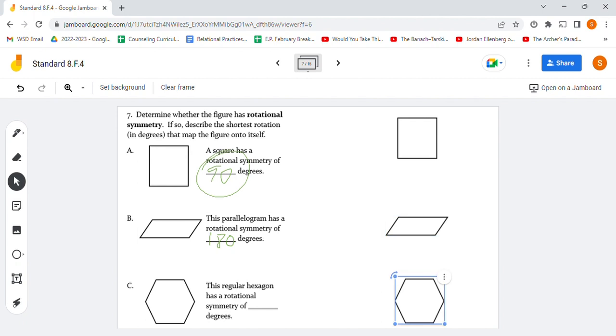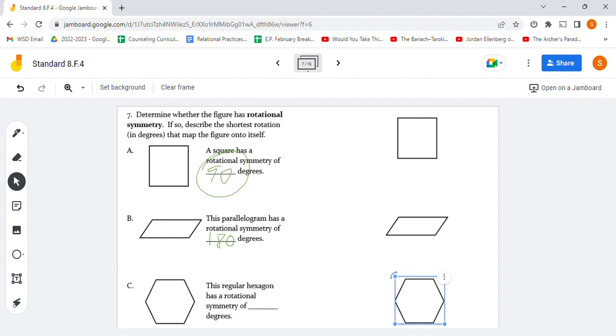Now this regular hexagon, I like to think of this one as how many different times can I rotate it, because this one's a little tougher to see than the square. But we can see that we have 1, 2, 3, 4, 5, 6 different positions where it's the same shape as it started with in a complete rotation.